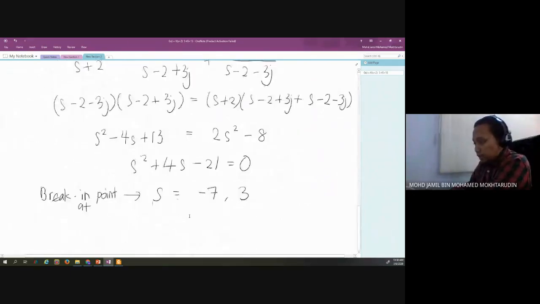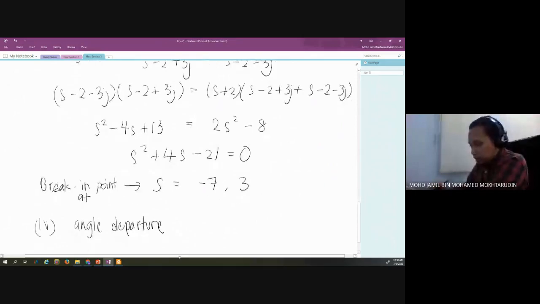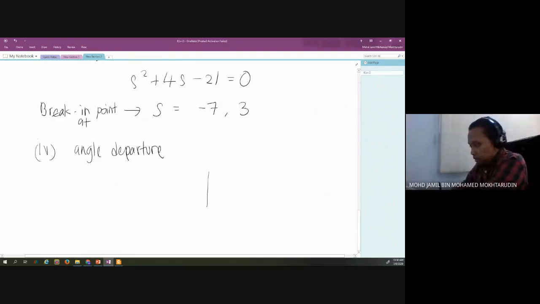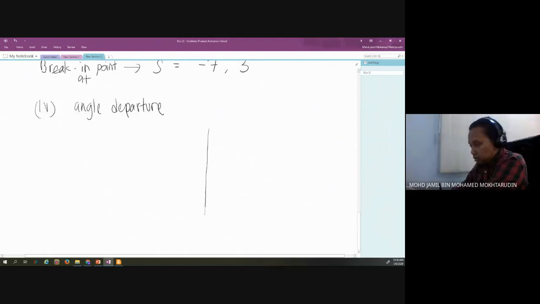So before you can calculate the angle of departure, you need to sketch them, okay? Sketch them roughly in the S-plane. Okay, so roughly, so plus 2 at 3j.